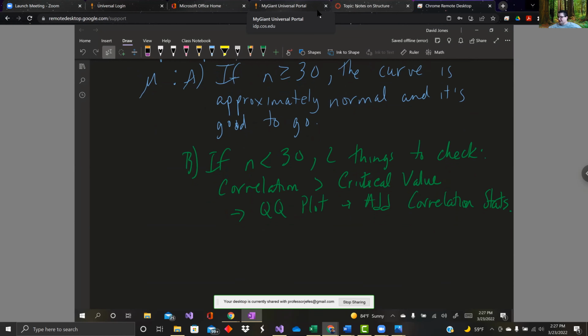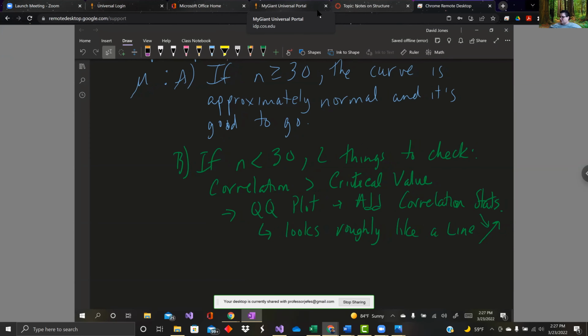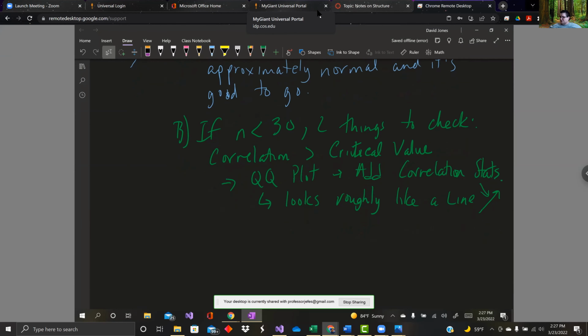What we're going for here is that the QQ plot looks roughly like a line. Lines are straight, curves are bent. So we want a straight line, and I suppose it could go downward too, but as long as it's a line. And then if that one matches up, we've got one more thing to check. That's not enough on its own.